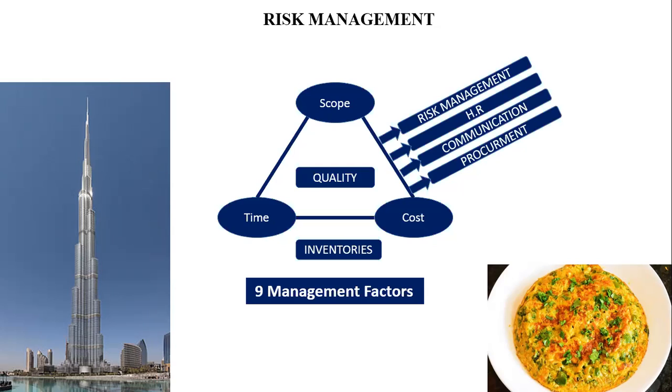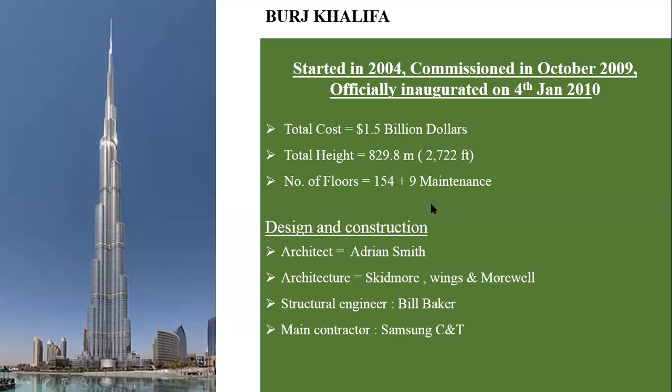Can you imagine that? No, sir. See, this Burj Khalifa was started in 2004 and commissioned in 2009, officially inaugurated on 4th January 2010. Whatever it may be, these Gulf country people are not worried about the money part.